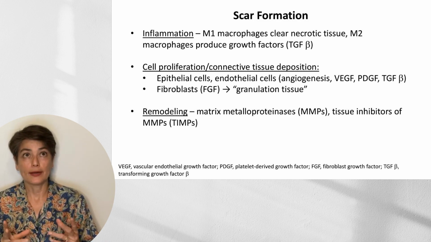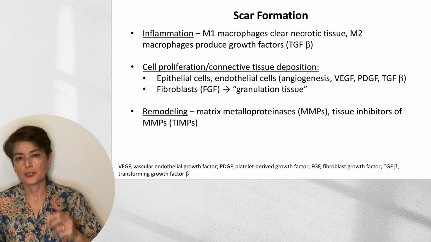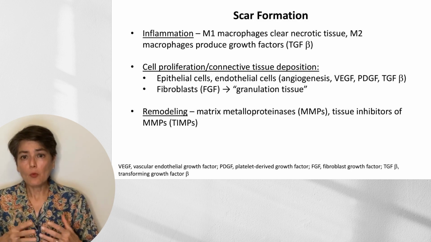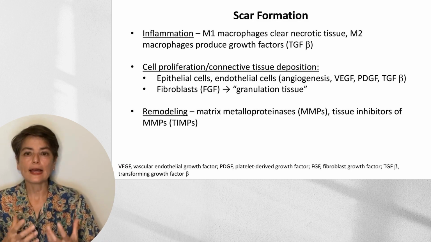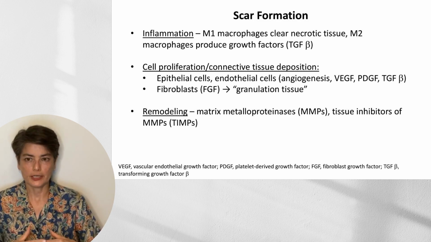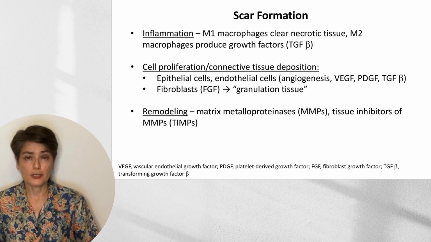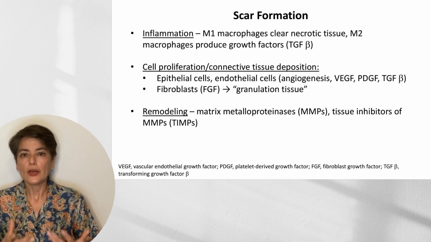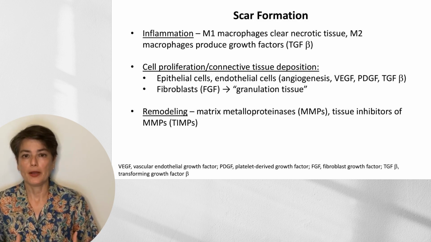And you may be thinking, M1, M2, did I see that in the book? I'll show you in the next slide. So the M1 macrophages are the more inflammatory macrophages, and they're going to be doing the phagocytic job of clearing necrotic tissue. M2 macrophages are the healing portion, or the healing subset of macrophages. They'll be producing growth factors that are going to drive us towards healing and repair.